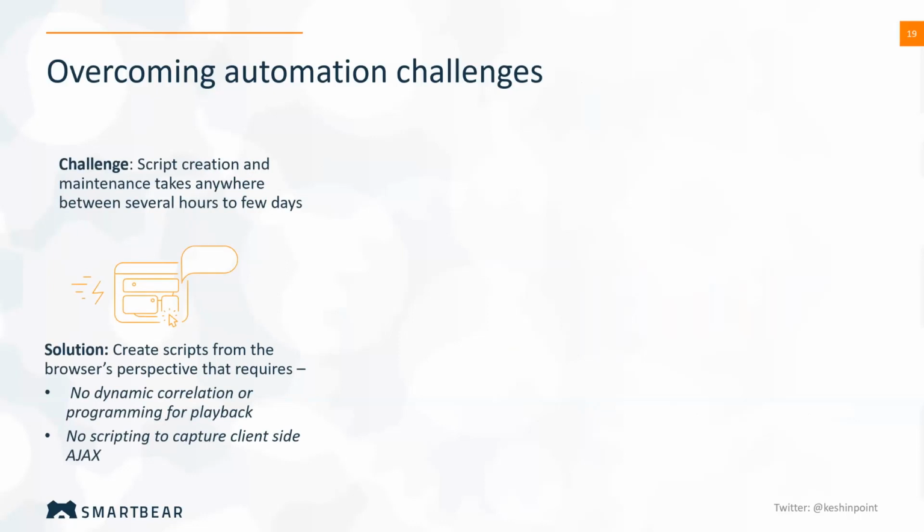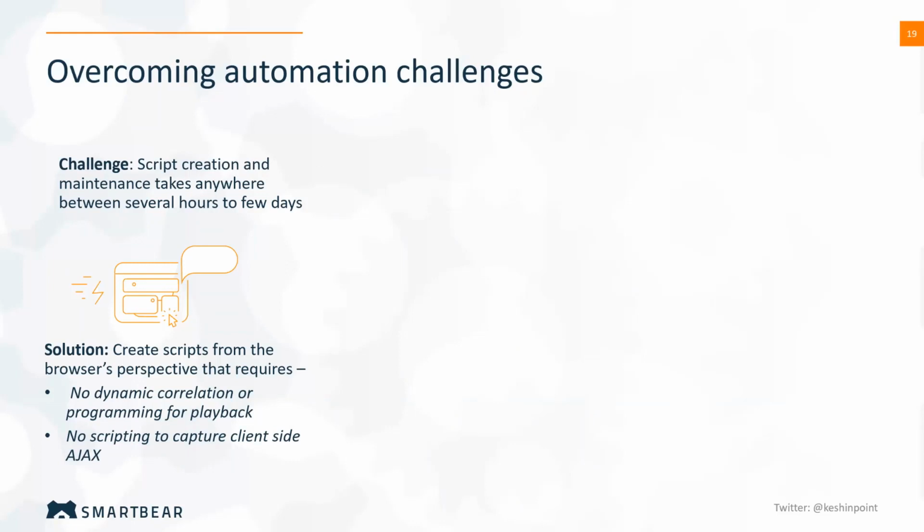So we're just going to cover a few ways to overcome the automation challenges. So one of these challenges is script creation and maintenance takes anywhere between several hours to a few days. So the solution for this challenge is to create scripts from the browser perspective.